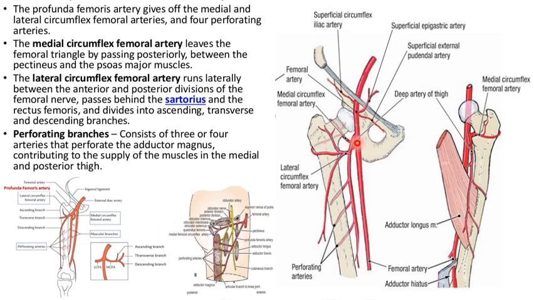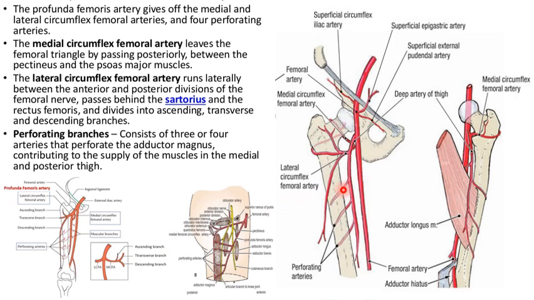So now coming to the lateral circumflex femoral artery. It passes deep to the sartorius and rectus femoris, dividing into ascending, transverse and descending branches. Similarly, the medial circumflex also divides into ascending, transverse and descending branches.